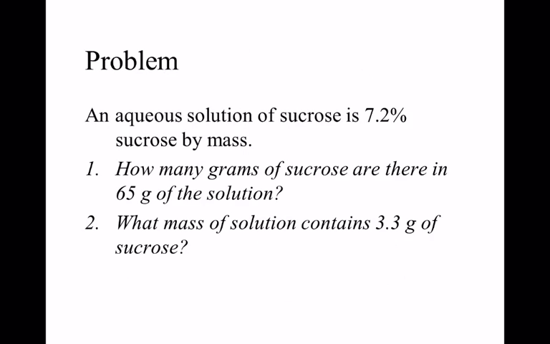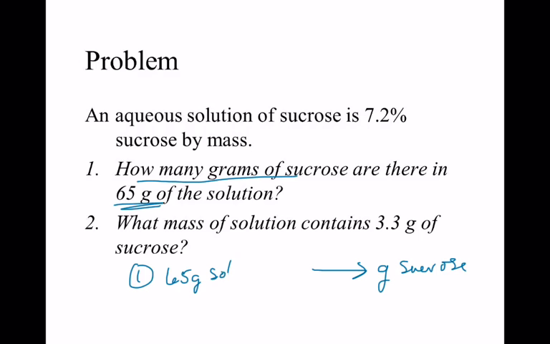So let's work a problem. Somebody made a sugar solution, and they made it 7.2% by weight sucrose. And we're going to use that as a conversion factor to work these next two problems. So for problem number 1, it says how many grams of sucrose, so question mark grams of sucrose, are there in 65 grams of solution. 65 grams, SOL'N is my solution.